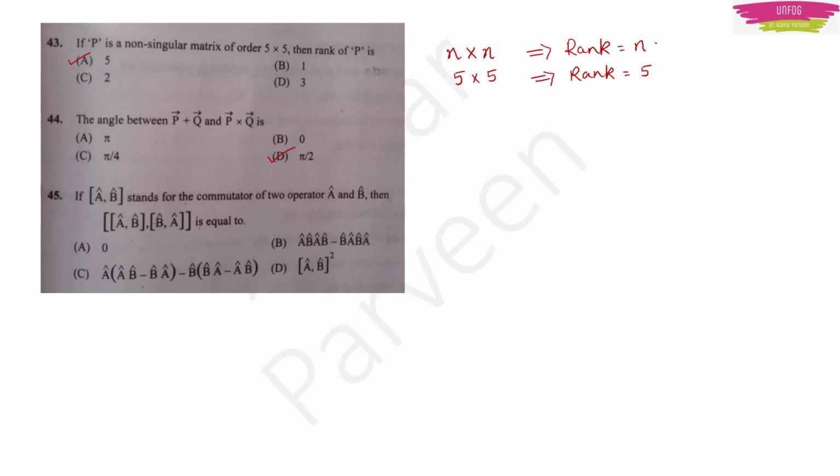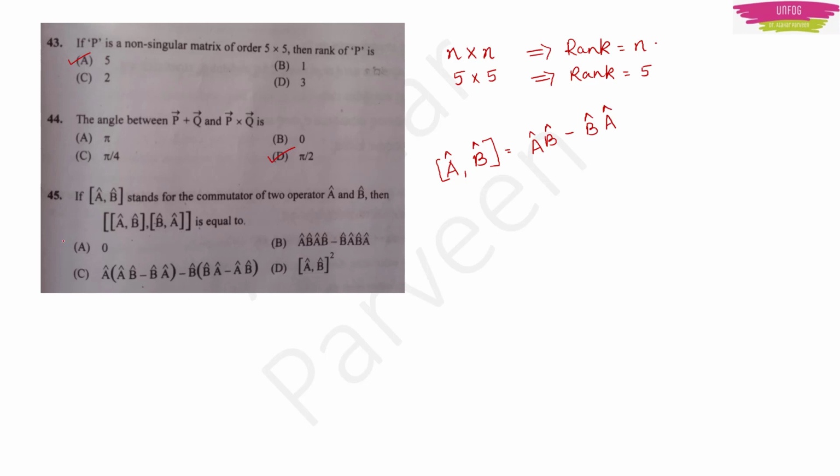Next question. If [A cap, B cap] stands for the commutator of two operators A and B, then [A cap, B cap] comma [B cap, A cap] is equal to. See, in a commutation relation, you write [A cap, B cap] is equal to A cap B cap minus B cap A cap.